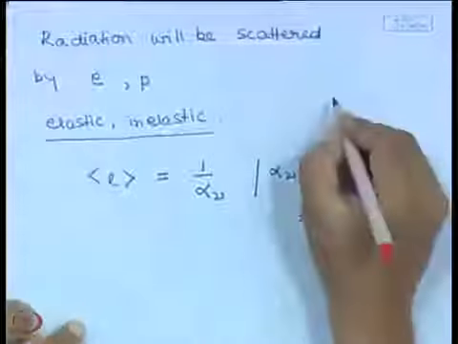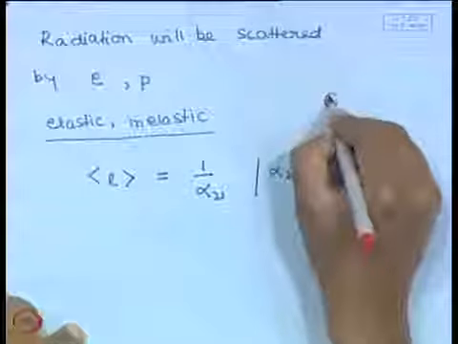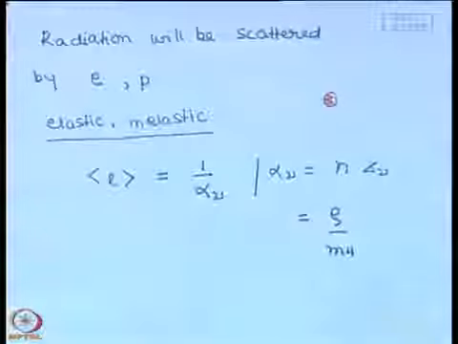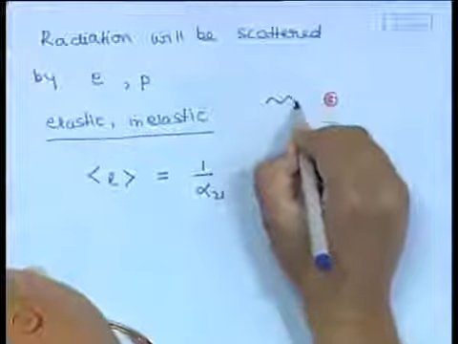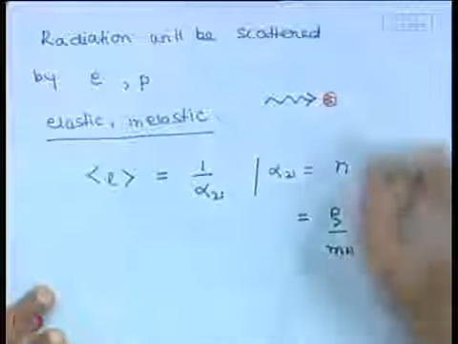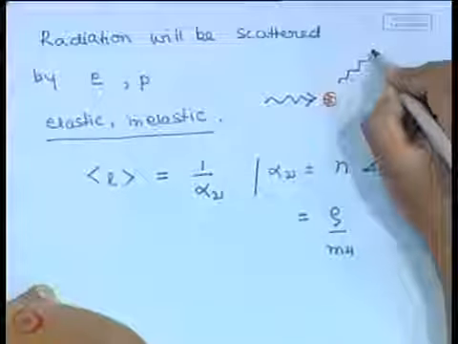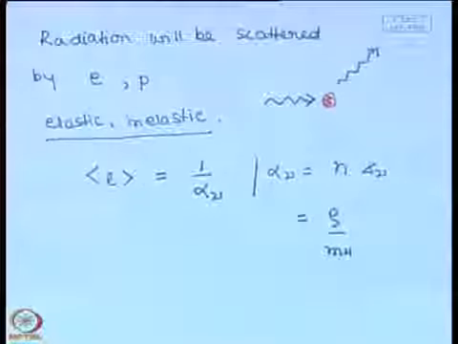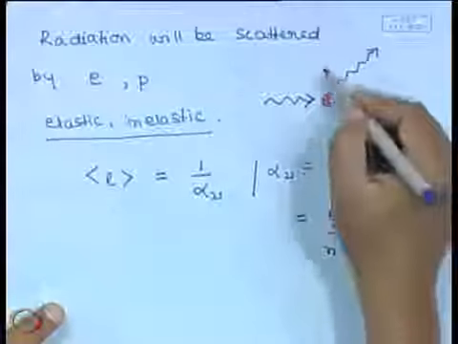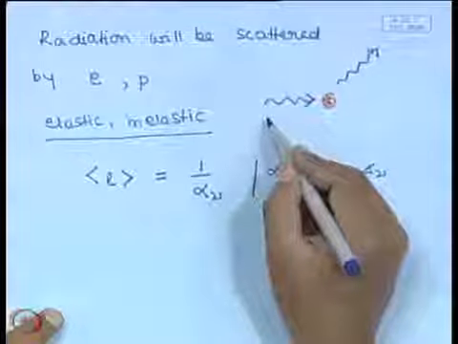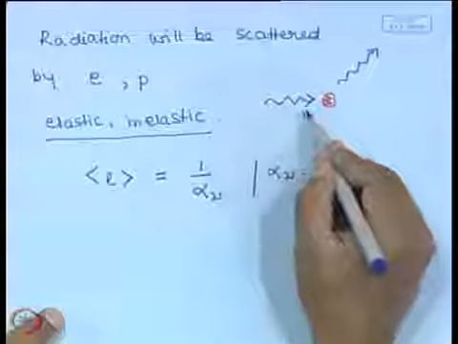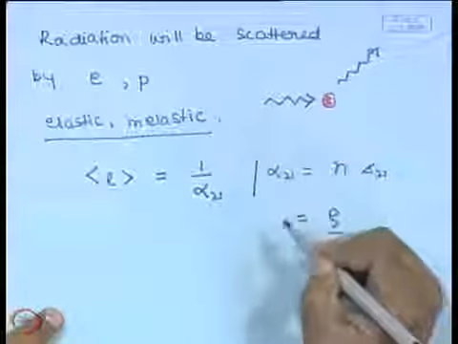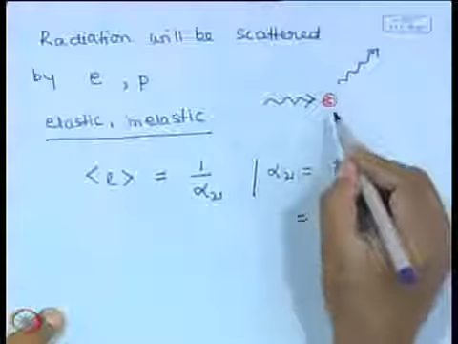So, in Thomson scattering, this is my electron, the radiation incident on this is scattered into some other direction, and you can treat the electron as oscillating because of the incident electromagnetic radiation's electric field, and then calculate the dipole radiation from that oscillator.